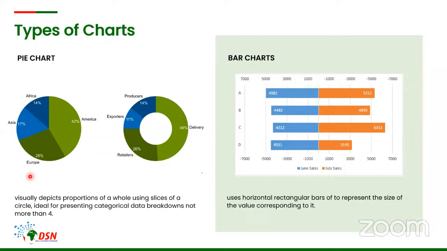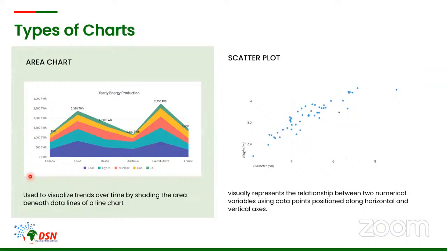Another type of chart that we are going to be looking at is the area chart. Area chart is similar to the line chart, except that it takes into consideration the area below the line. When we say area of a shape, we mean the fill of that shape.